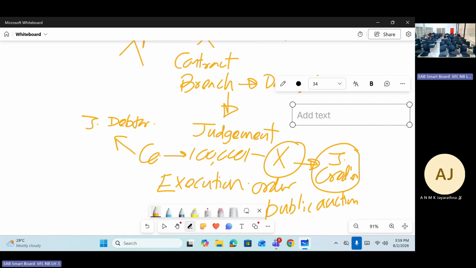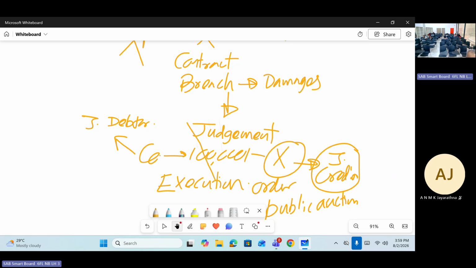So execution order returned means the company doesn't have sufficient assets.